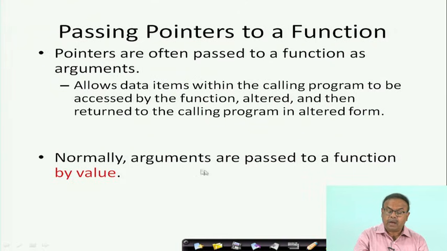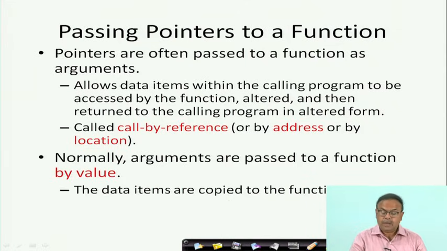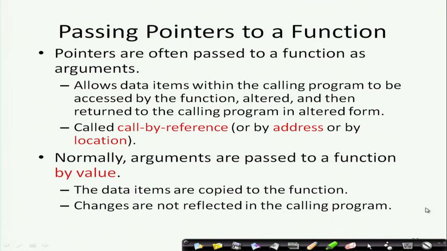This is the calling by reference. Normally, arguments are passed to a function by value. We had discussed this. Now, this is called call by reference or call by address. In call by value, we have seen that in the swap function, for example, it was swapped within the function, but that x and y and the main function's variables were two different entities.